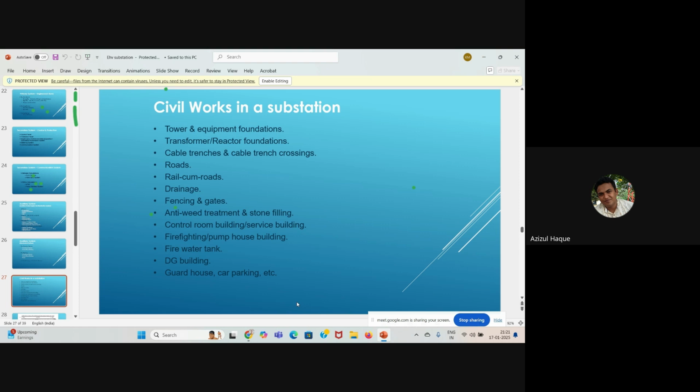But from this road, how will I take this transformer to its foundation? There is no such big crane. So we put rail cum road from the switchyard road up to the transformer plinth. On this rail, the transformer is pulled from the road to its location on the plinth. So for that, rail cum road has to be prepared.